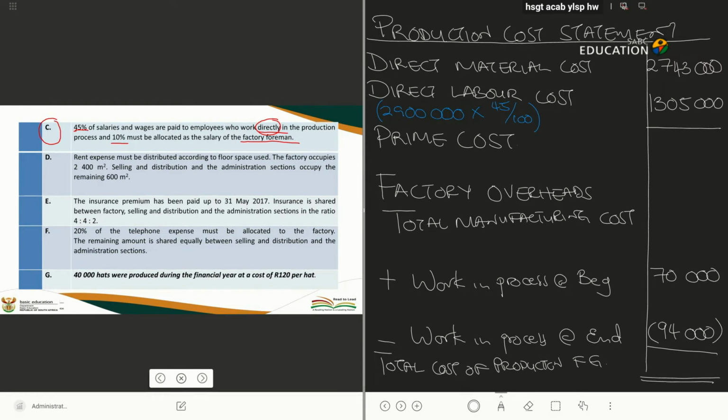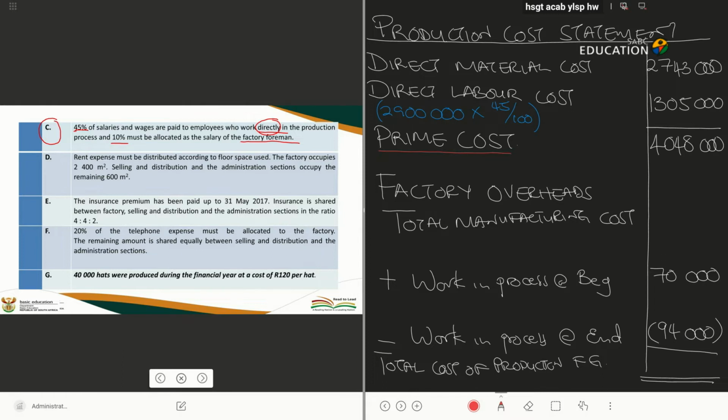It will give you 4 million and 48,000. What did we say? 2,743,000 plus 1,305,000 gives us what we call prime cost.